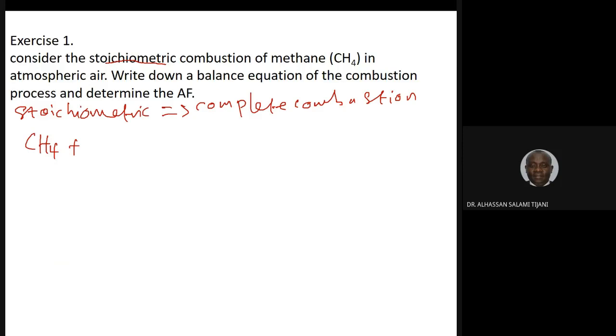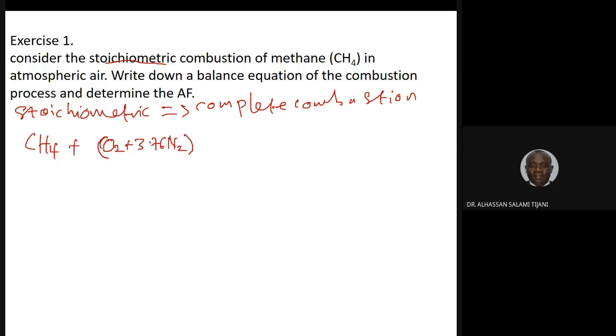I've told you that for every 1 mole of oxygen present in the atmospheric air, there will be 3.76 kilomole of nitrogen. So this is the amount of air that we assume is reacting with this fuel.